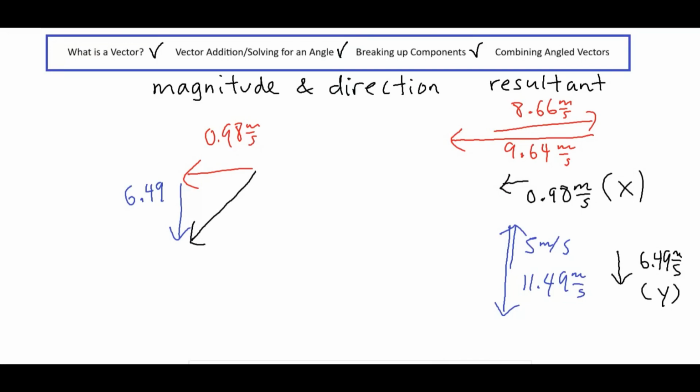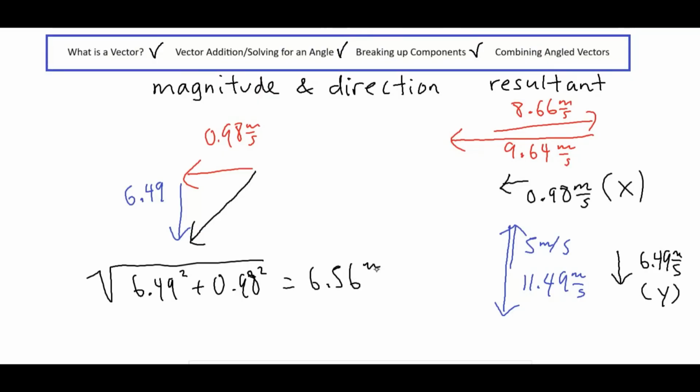Go ahead and connect the starting point of my first vector to the end point of my final one, and then I could use a little Pythagorean theorem. And then I get an answer of 6.56. Okay, that is my final answer for the magnitude of my vector.